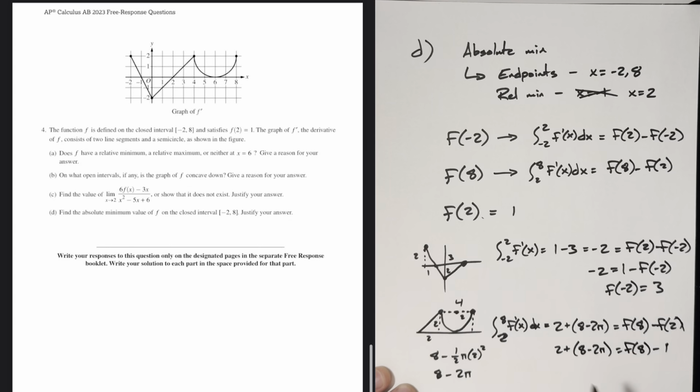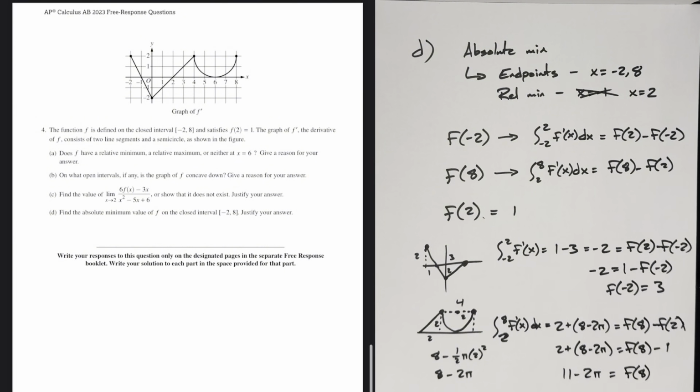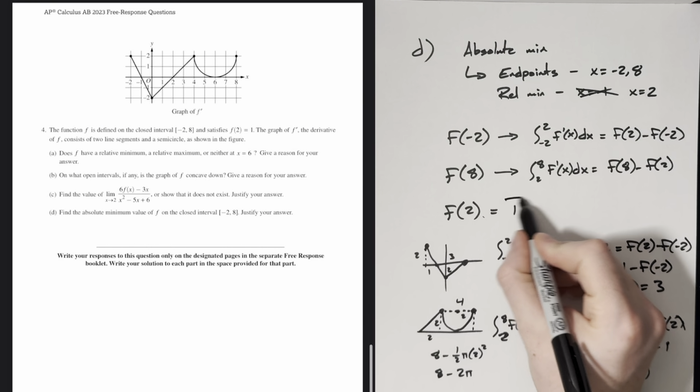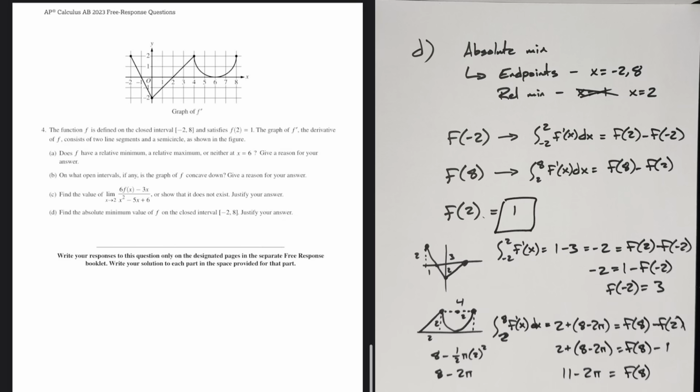Adding it over, I get 1 plus 2 plus 8, which is 11, minus 2 pi is equal to f of 8. So now I have all three values, right? Looking at these, pi is about 3.14, right? So this is definitely going to be greater than 1. So our absolute minimum value of f is going to be 1, right? So that is our final answer to this question, part D.